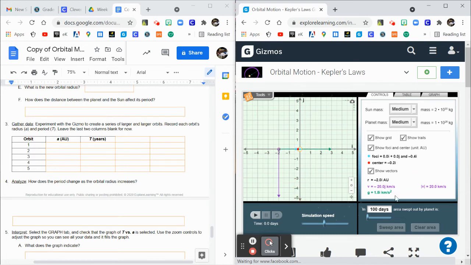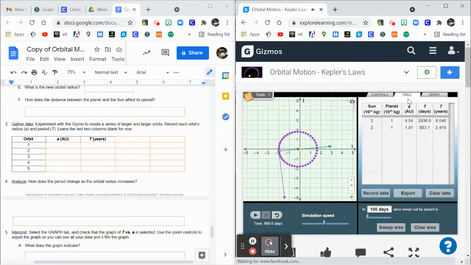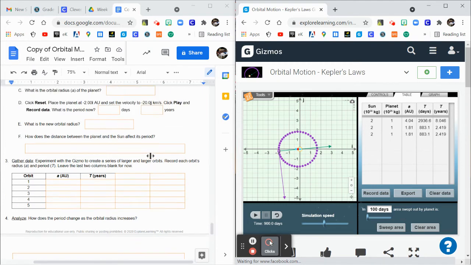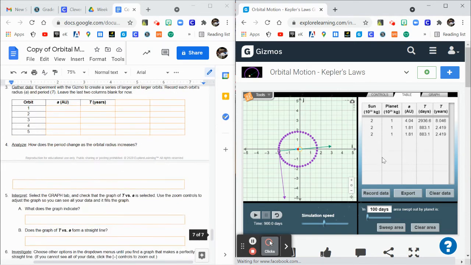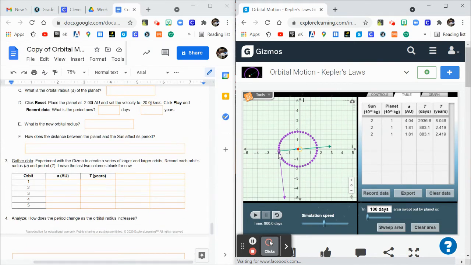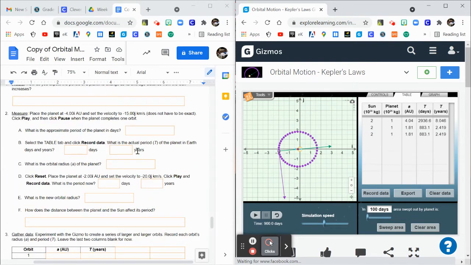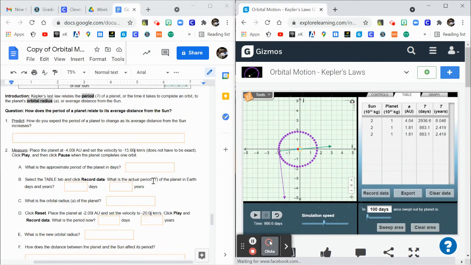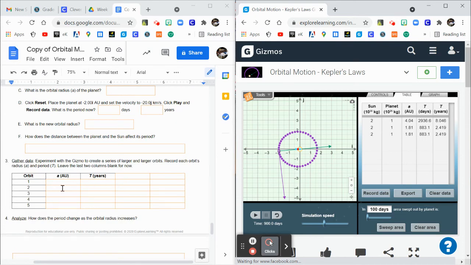So 2. Let's do record data. And there it is. This one's pretty much the same as the one that we did. Yep, that's the one that we did. Let's do 4. Oh, that one we already did. So let's do 6.